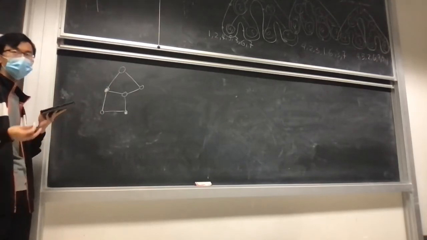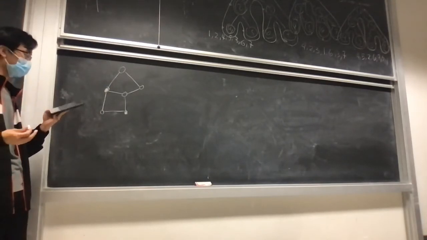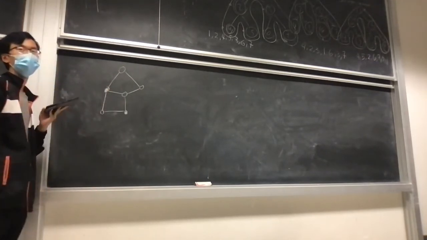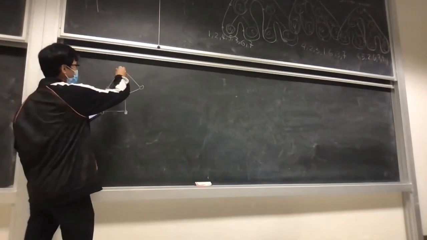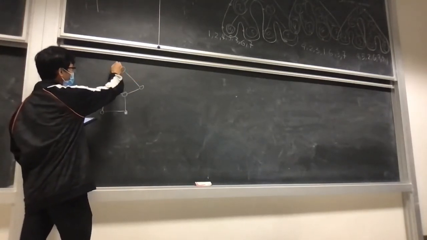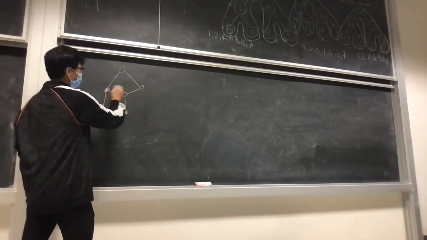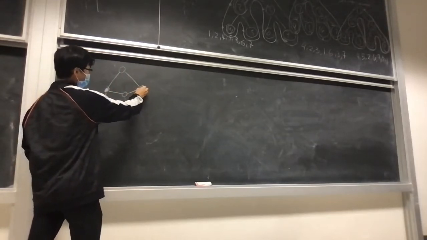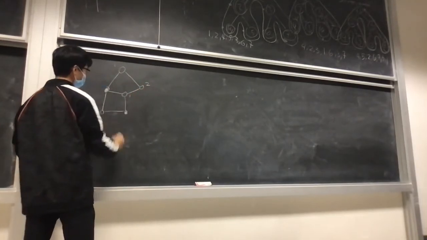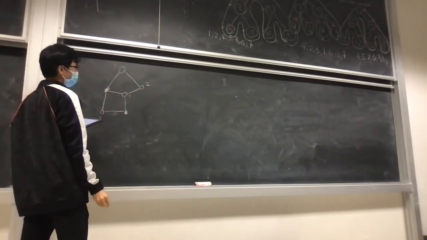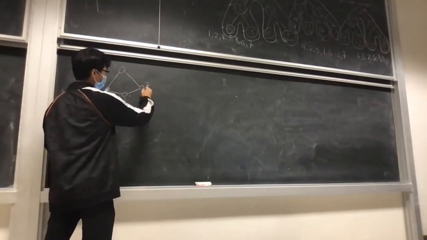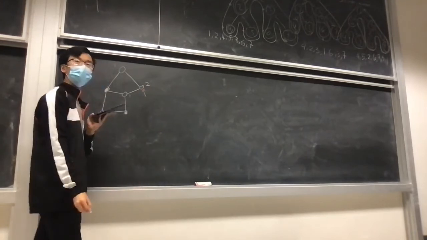If there are multiple nodes, just print out any of them, such that the minimum distance to any of these red colored nodes is maximized. So the minimum distance of this node to any red node is 1. The minimum distance of this node to any red node is 2, right? This one is 1, this one is 1. You want to find some node that maximizes this, so you would just output whatever index this node is.